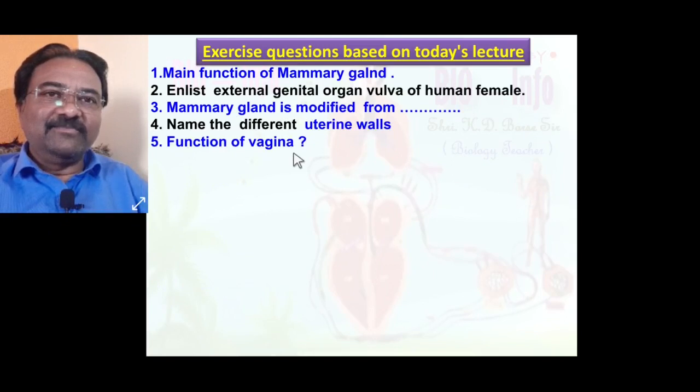Yes, passage of menstrual flow as well as birth canal during parturition or the childbirth process. What is weaning? Mother's milk is replaced to provide solid food after some time; such a process is called weaning.